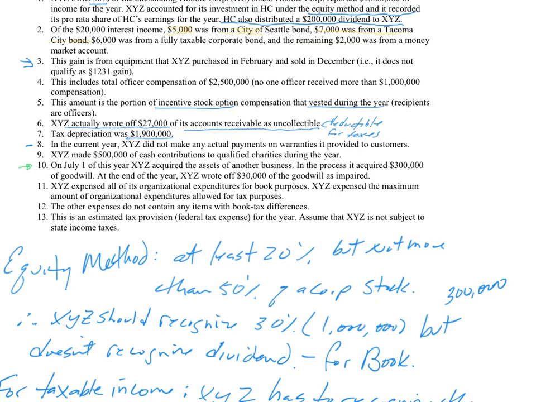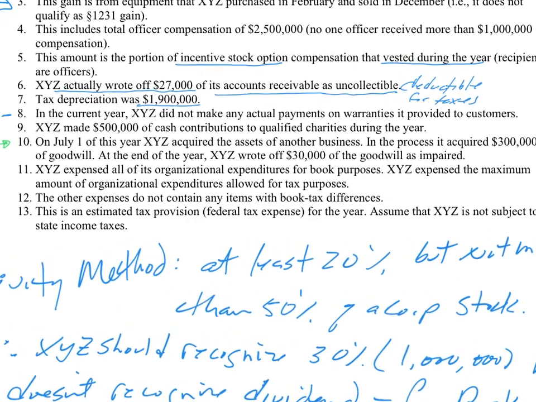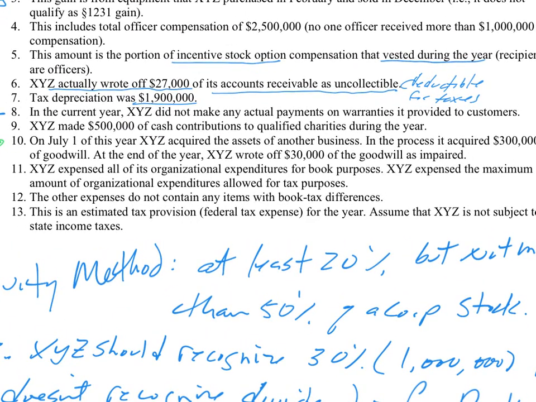Assume they're not subject to any state income taxes. Okay. And see what it says. So it says on 9, XYZ made $500,000 of cash contributions to qualified charities during the year.